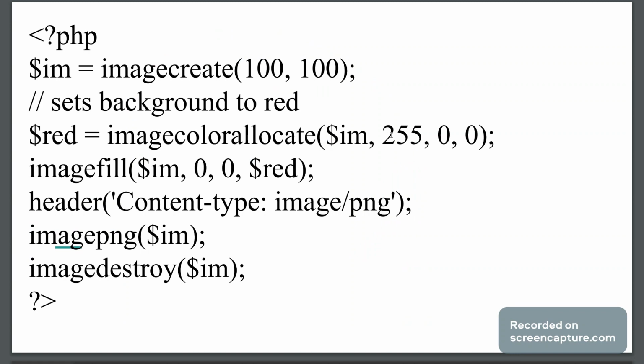The first parameter is 255 and the green and blue are 0. Then we use the imagefill function, where I want to fill the image IM starting from x as 0 and y as 0, with the color that I have created, named red. Set the type of the header and create a PNG image of IM, and upon exit destroy the image.